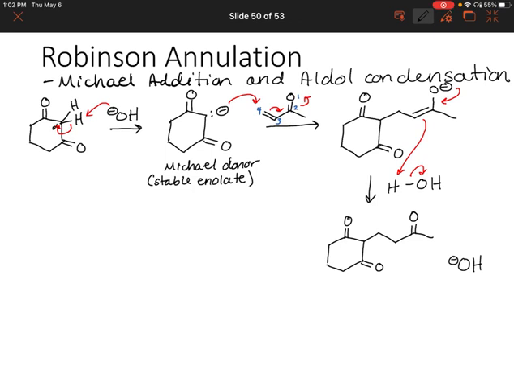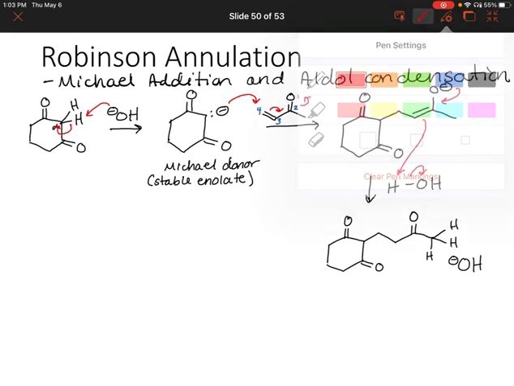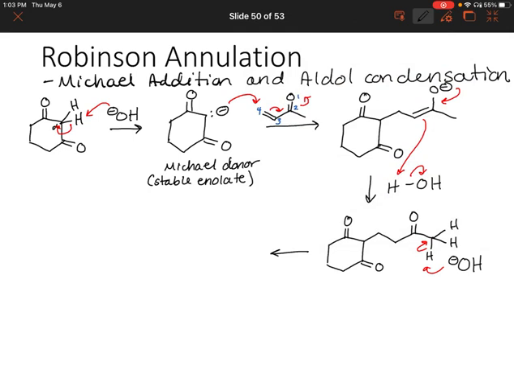And we're going to have a lot of different alpha carbons on this molecule because we have 3 different carbonyl groups. But most likely we'll end up taking an alpha proton from the very end of our molecule here. And that's going to form our enolate for this next step.